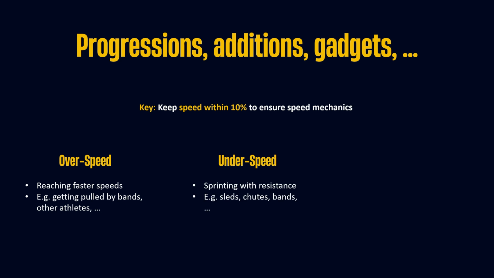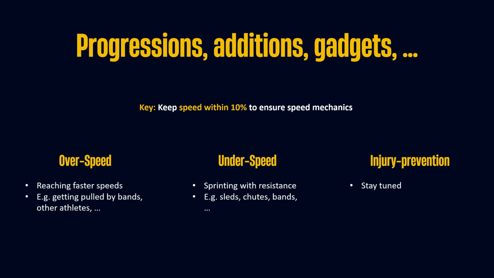We can also do the opposite, which would be underspeed. In this case, this will be sprinting with resistance, for example sleds, parachutes or bands. And there are a ton of other gadgets that could be used, but in the end we have to stick to the basics, which is sprinting itself, and all of these are nice to have, but by far not essential.